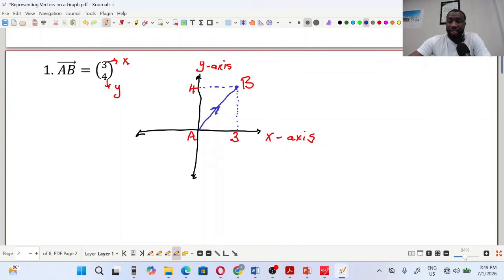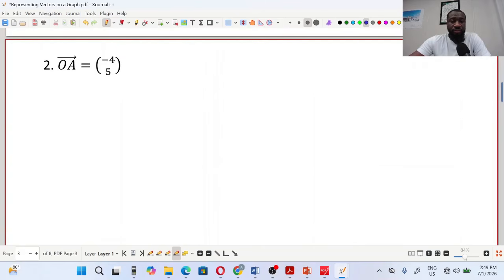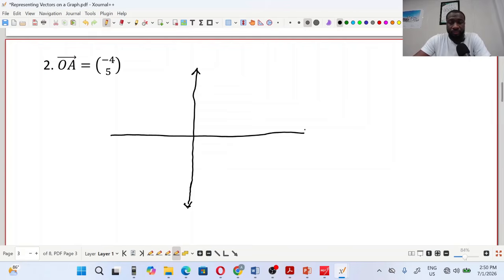So let's look at the next one. We have vector OA. It means I'm moving from O to A. So let me draw my Cartesian plane. I know my y is here, my x is here.